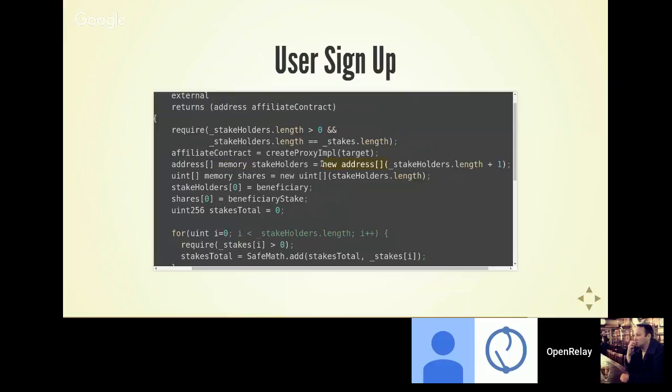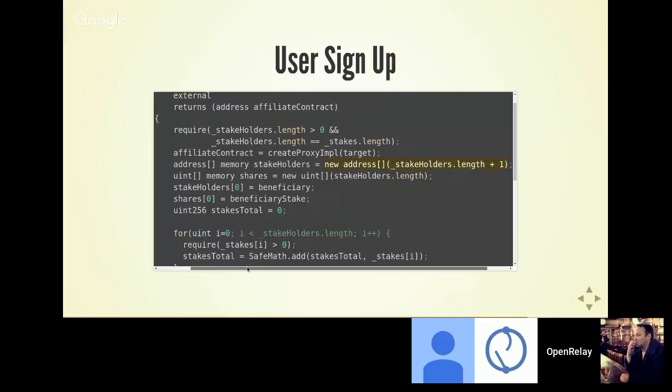So this is a new list of addresses that is one address longer than the list that was passed in. That's because OpenRelay is going into this list of stakeholders. And then we make a list of shares that is the same length as the list of stakeholders.